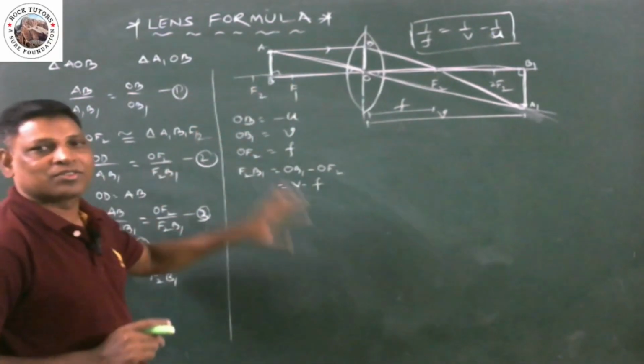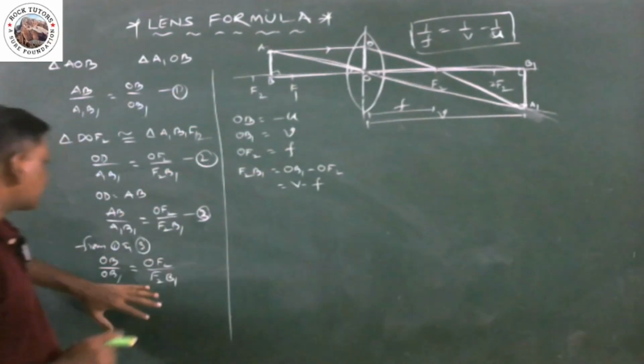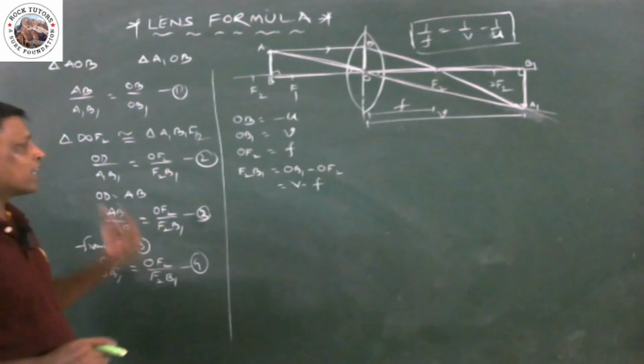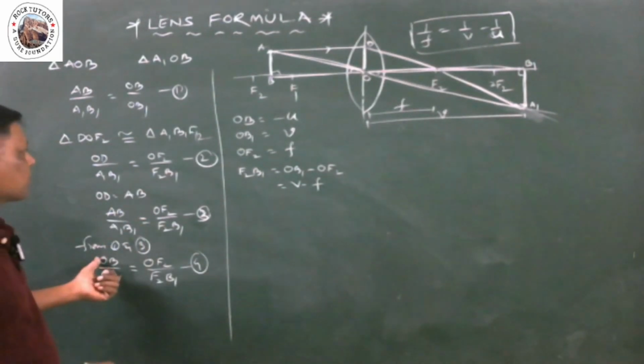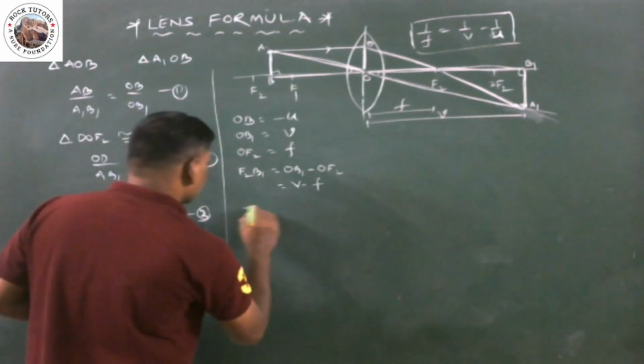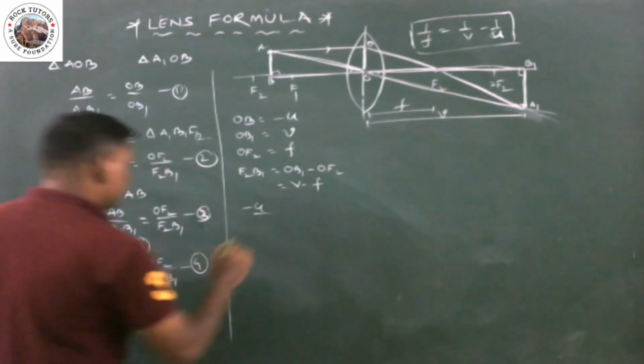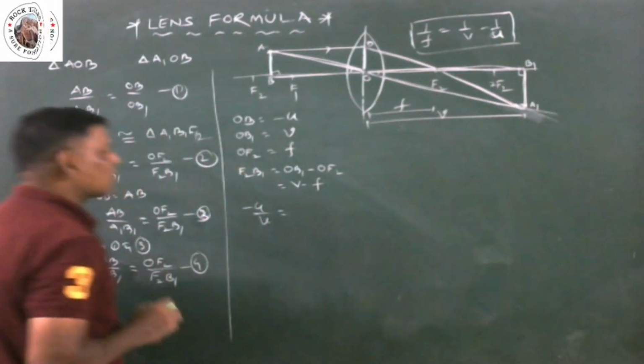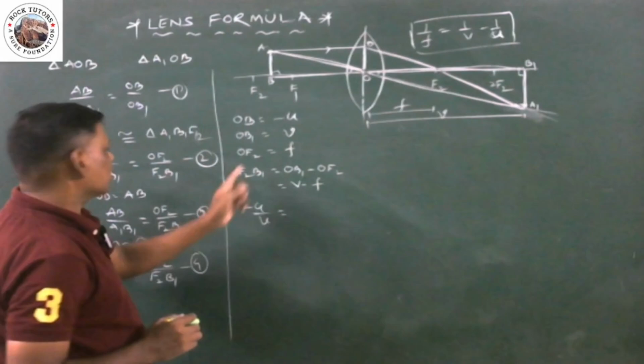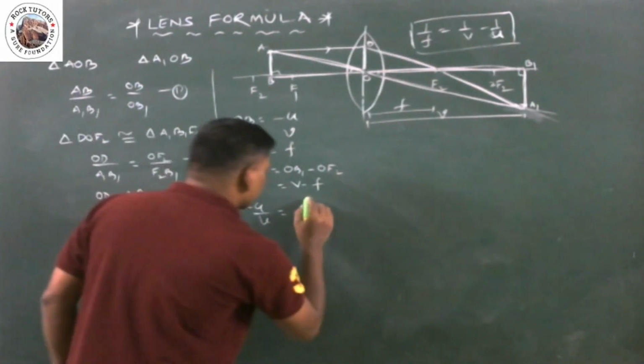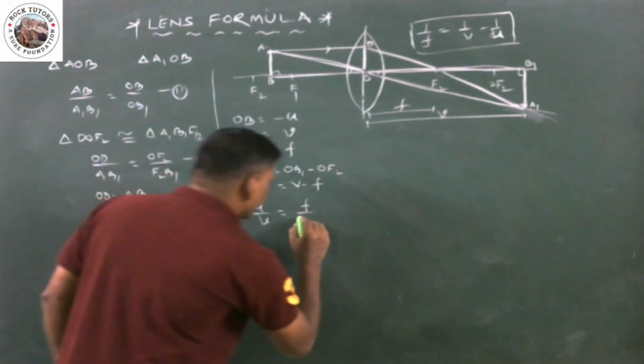Now these values substituted in equation 4, we'll get OB is minus u, by v, is equal to OF2, which is f, by v minus f.